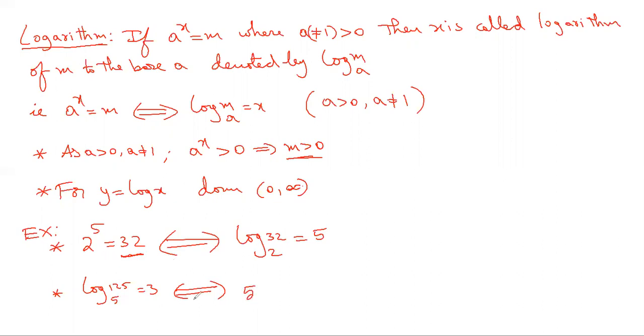And after that, if you observe closely, in the two notations, other than the base, the other two numbers are swapped. The 32 is coming close to the base in the other notation, and 5 is going away from the base. And from here to here also, the one which is close to the base goes away, and the one which is away from the base comes close to the base. So 5 power 3 equal to 125, like this.